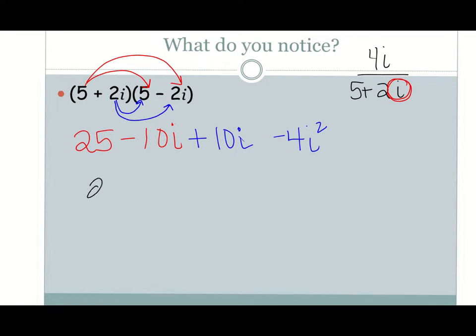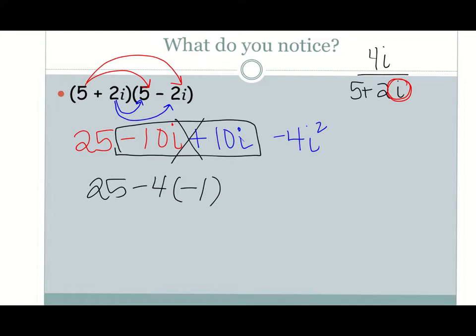Well, I have 25. My i's cancel. Negative 10i plus 10i is 0. And then i squared, remember, turns into negative 1. So I have no imaginary numbers anymore. I have all real numbers. So I have 25 plus 4, which gives me 29.